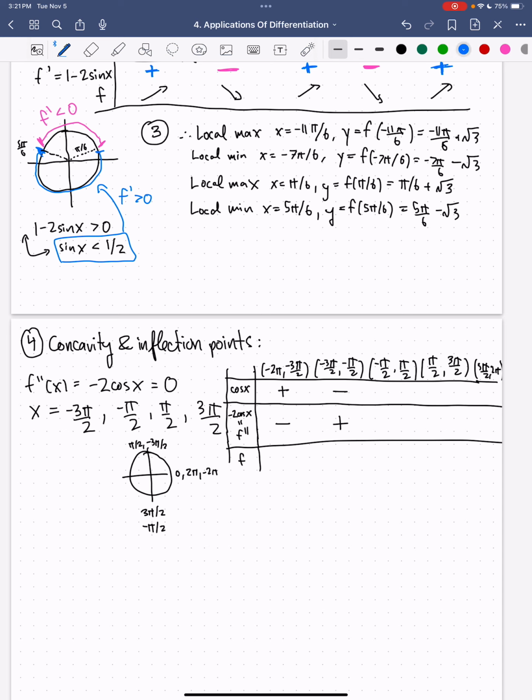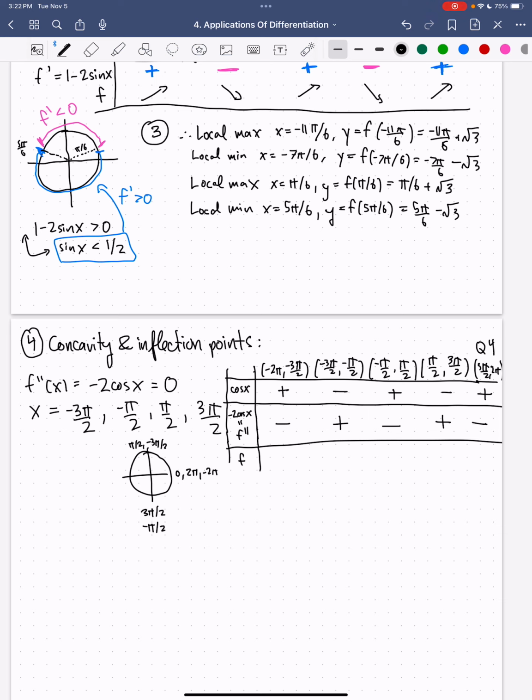So that's quadrants 4 and 1. Cosine is positive again, so our second derivative is negative. Then we've got pi over 2 to 3 pi over 2. Cosine is negative there. Second derivative is positive. And then finally for 3 pi over 2 to 2 pi, that's quadrant 4. That's where cosine is positive, so the second derivative will be negative.